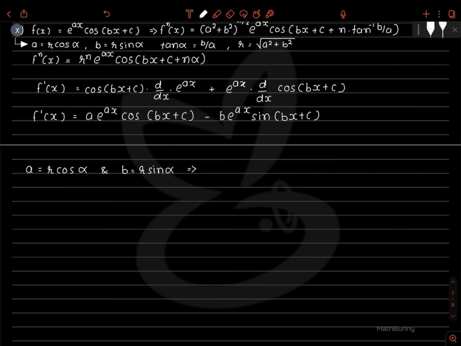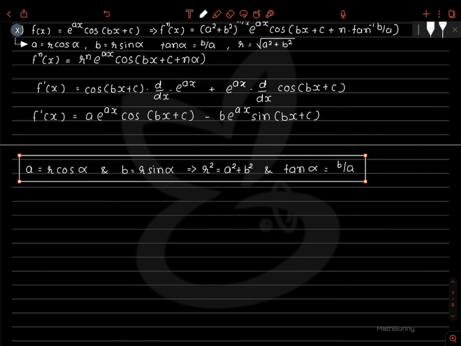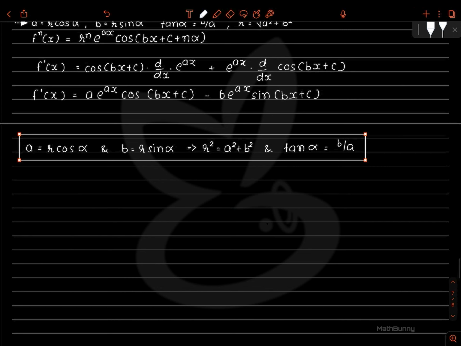In that case r square would be equal to a square plus b square and tan alpha would be equal to b upon a. This is what we are assuming, right? Let us put the values of a and b in this formula. We can take e raised to ax common.